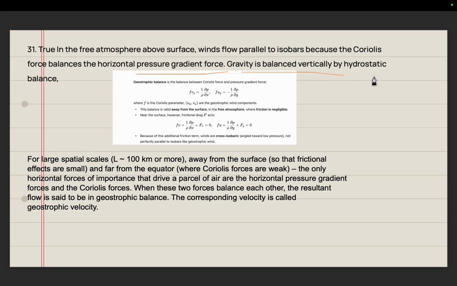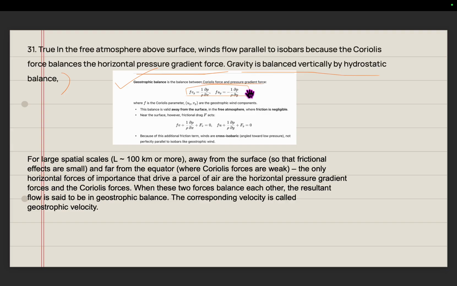Gravity is balanced vertically by the hydrostatic balance. The geostrophic balance is the balance between Coriolis force and the pressure gradient force.